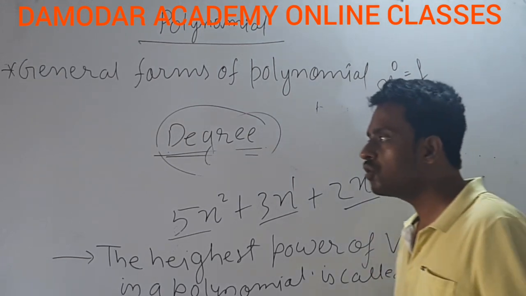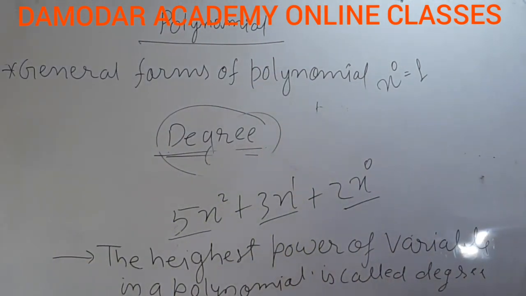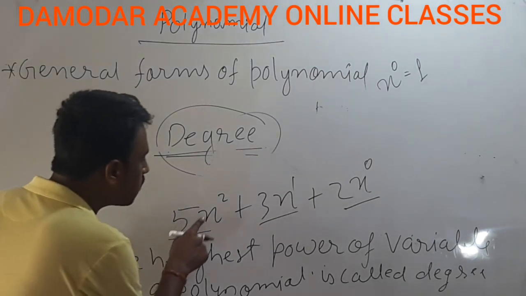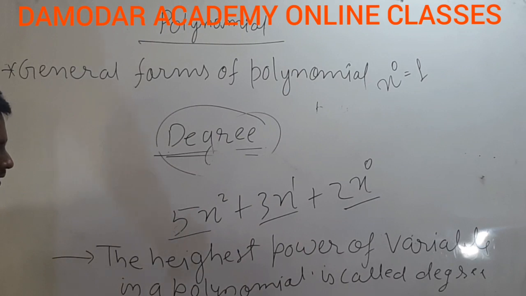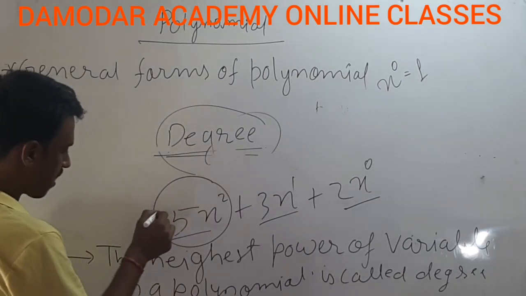And 2x raised to the power 0 is the third term. Okay? In all these terms, what do we check? The power of each term. This is the first term.